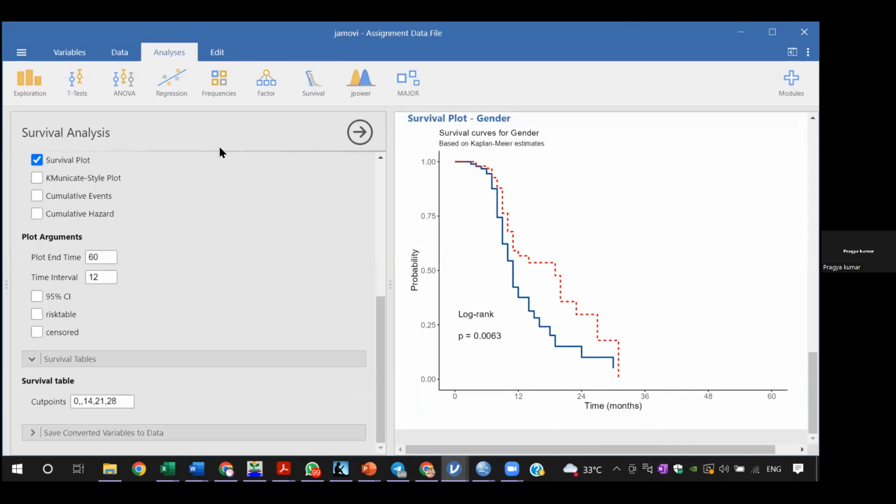Ma'am, while writing the manuscripts, in each result, do we have to put in brackets which software is used? No. Don't do that. Then the reviewer and author will be confused. Only write in the statistical analysis that you have used both. No need to specify while you are giving the table and graph.